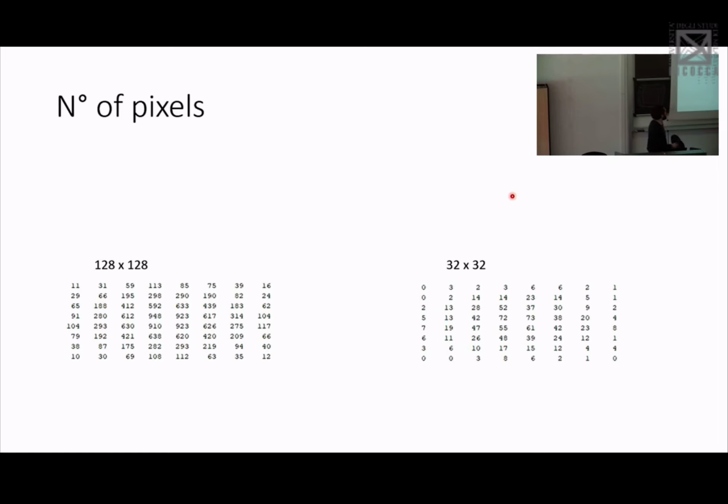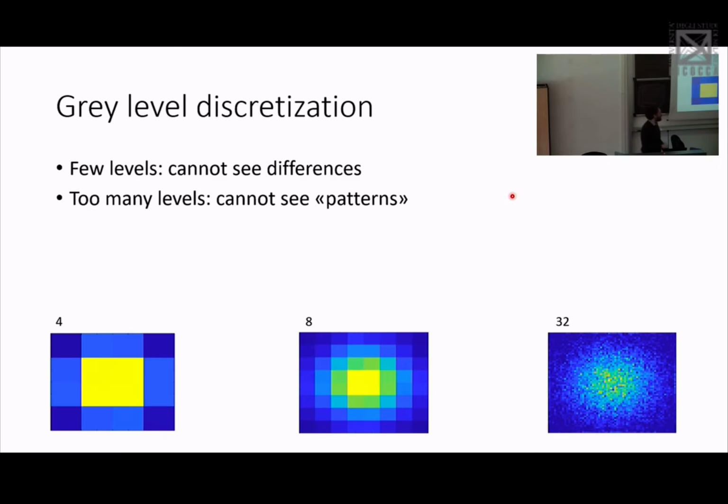This is also influenced by just how big the matrix is. If you have many more pixels on which to compute this, the numbers will be higher, and many indicators that you compute will be influenced by that. Then, I haven't mentioned it until now, but how many gray levels? On images that we display on screens, we have 256 levels of gray.